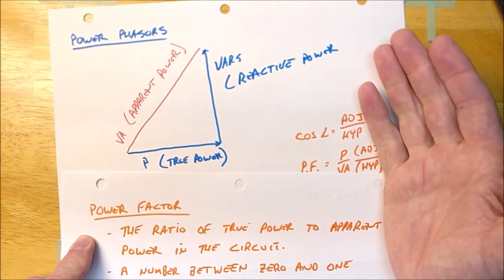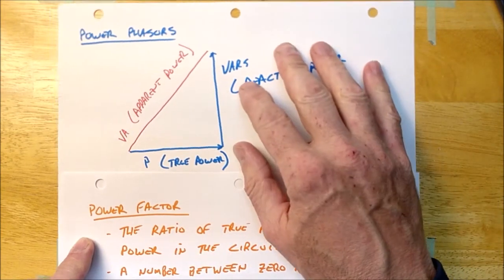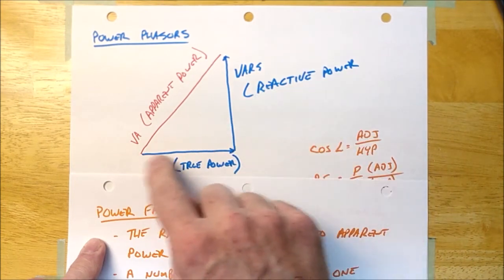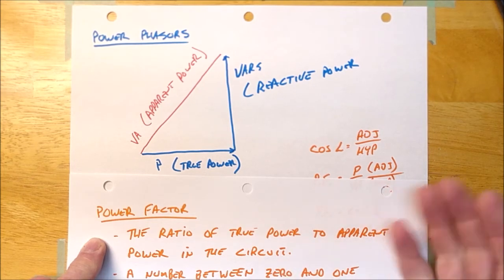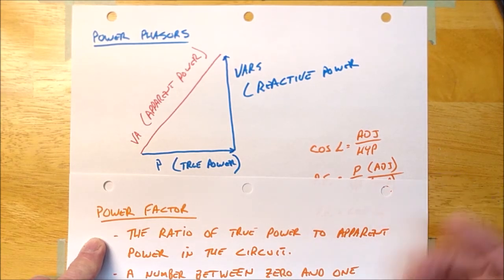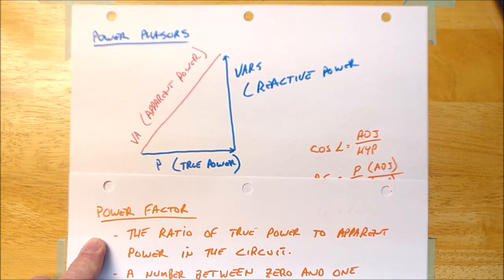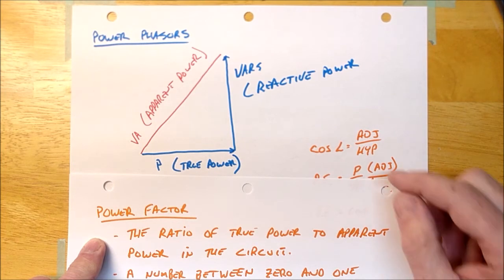That would happen in a resistive circuit, and there's other times that could happen. But in that case, the power factor would be 1 or 100%. Okay, guys? So you're going to have a number between 0 and 1 if you've done this correctly. And if you get a number over 1, you've done it incorrectly.